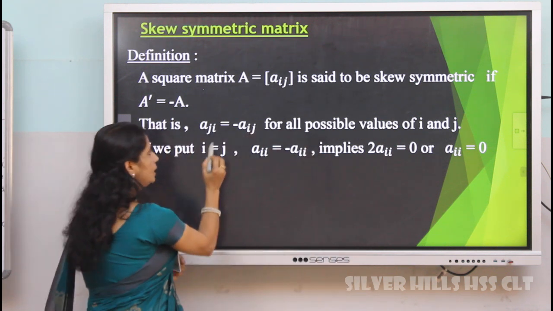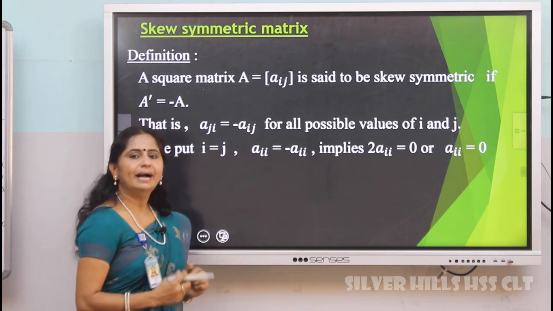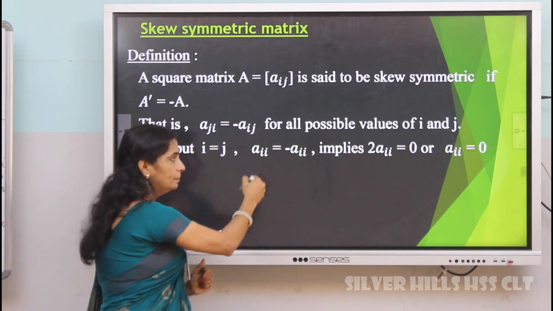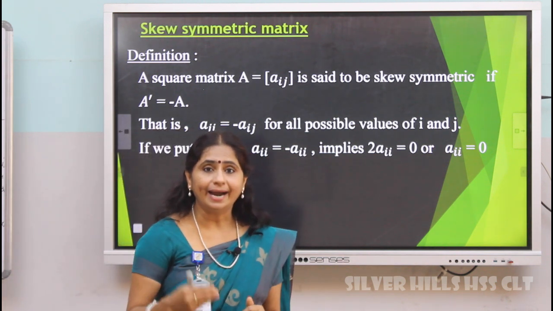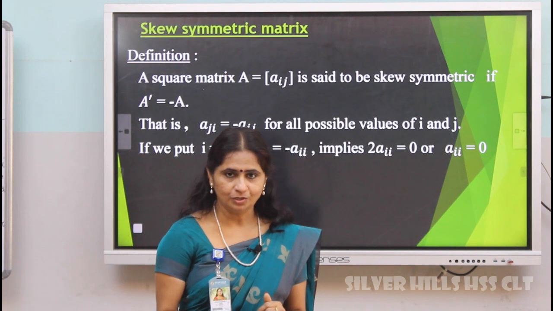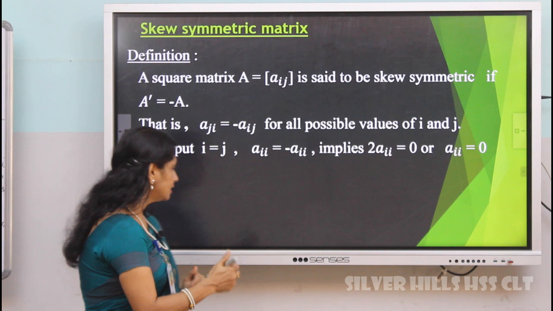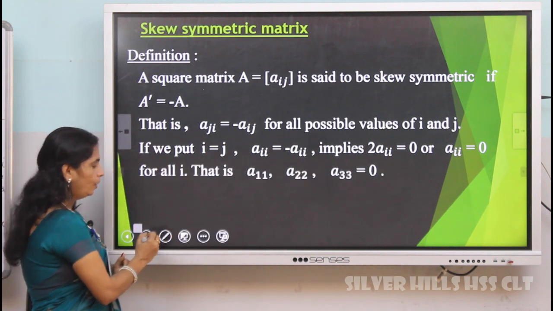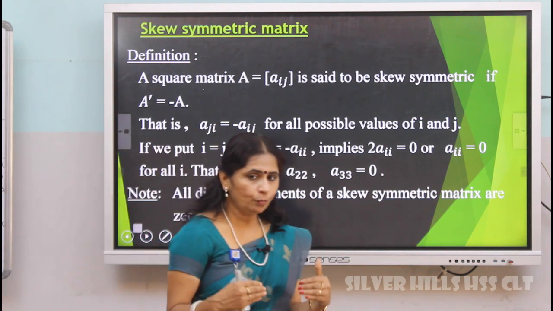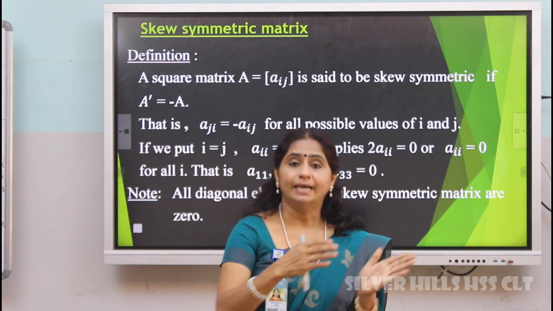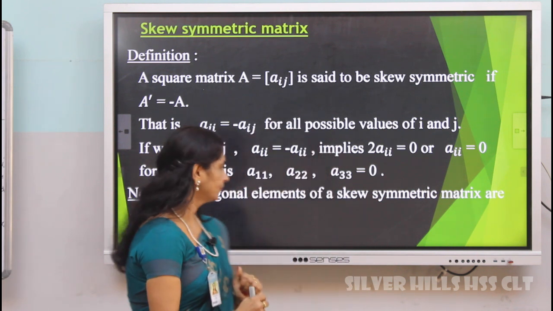So, when I put i equal to j in this, Aii becomes minus Aii. Bringing it to this side, we get 2Aii is equal to 0, which means Aii is equal to 0. And that means A11, A22, A33 are equal to 0. Therefore, we can conclude that the diagonal elements of a skew symmetric matrix should be zeros.